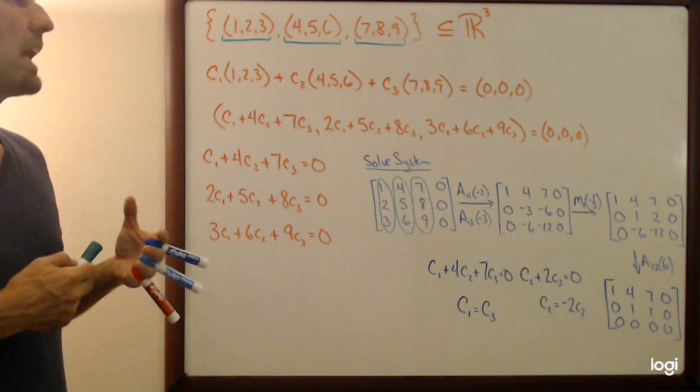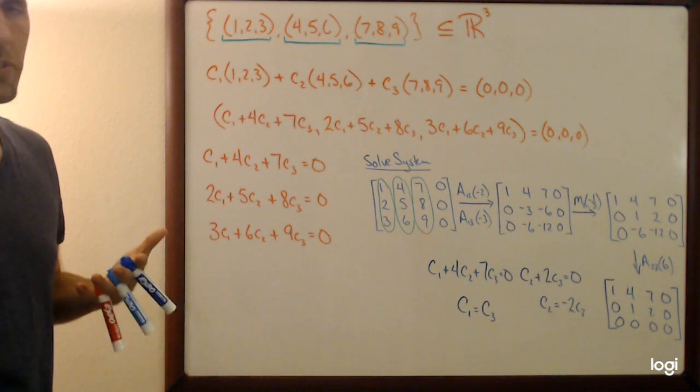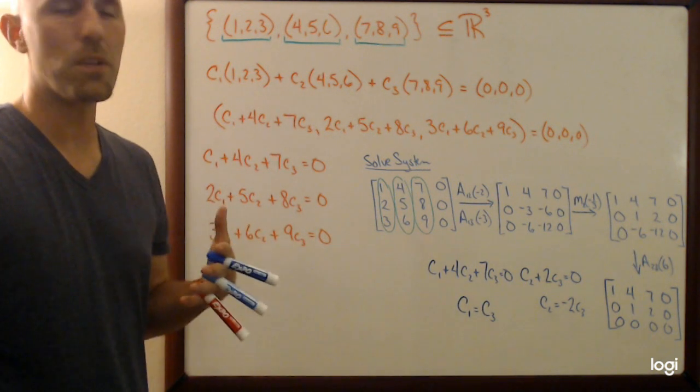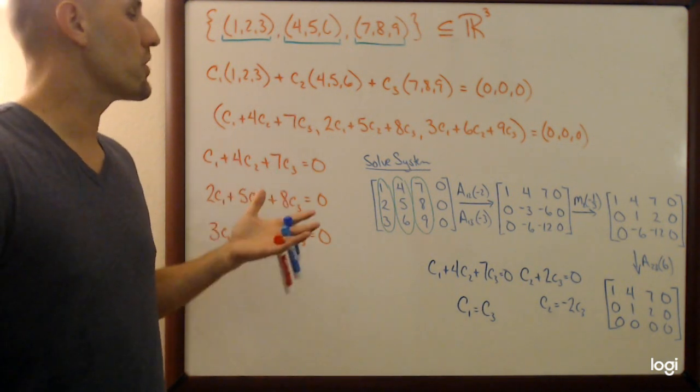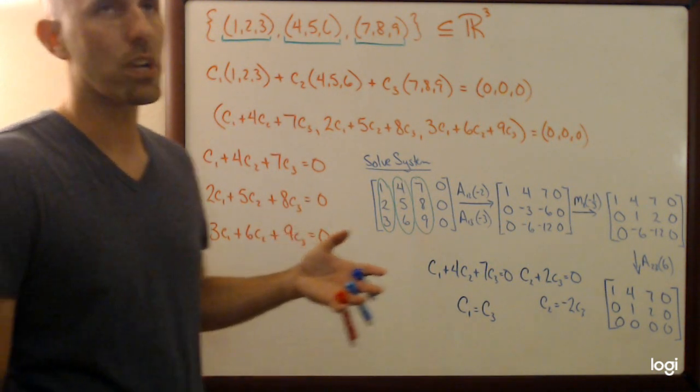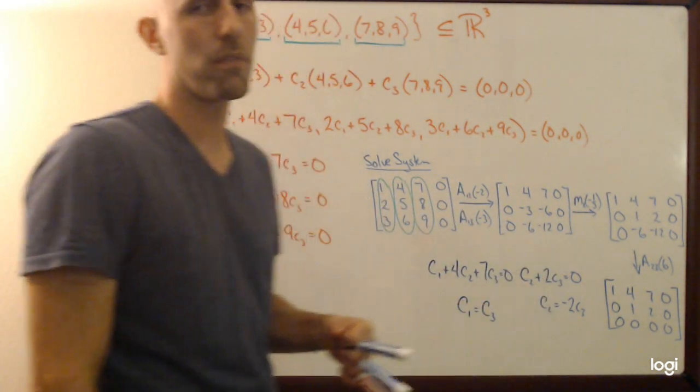When you're looking at real valued vectors and you would like to identify dependence or independence, you can just load them into a matrix and put that matrix in row echelon form.